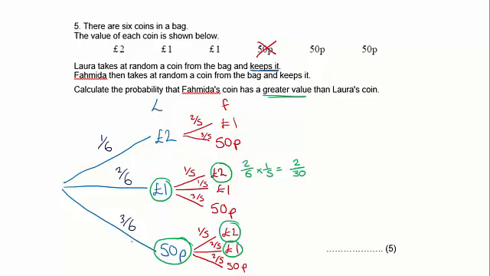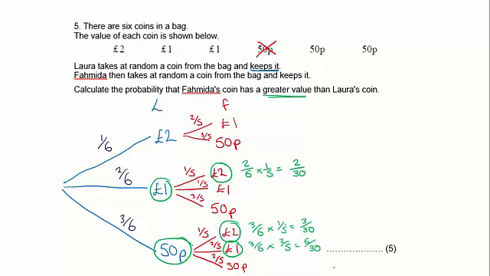Then the probability of Laura picking 50p is 3/6. Then Famida picking £2 is 1/5. Multiply those together, we get 3 over 30. And finally, Laura picking 50p, 3/6, multiplied by Famida picking a £1, which is 2/5, gives us 6 out of 30.